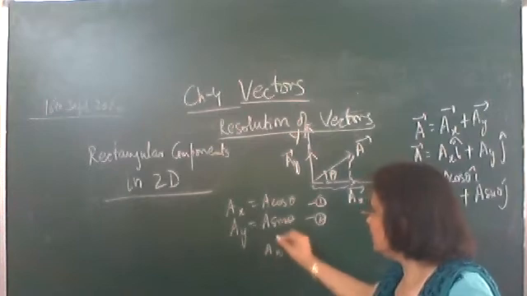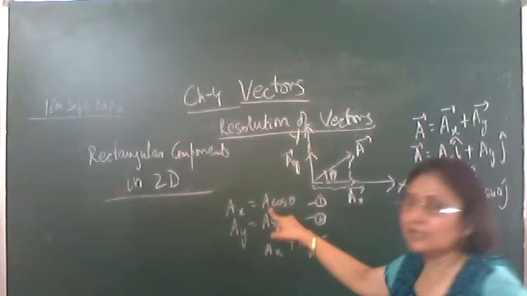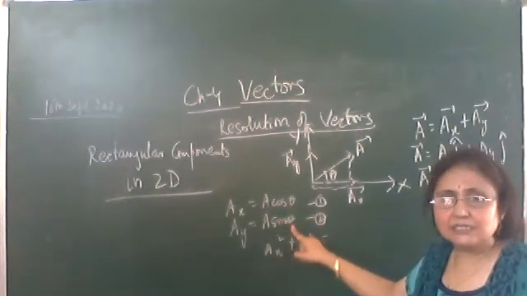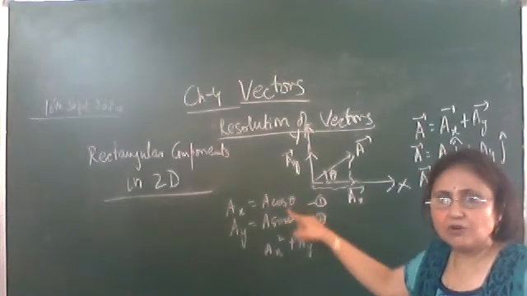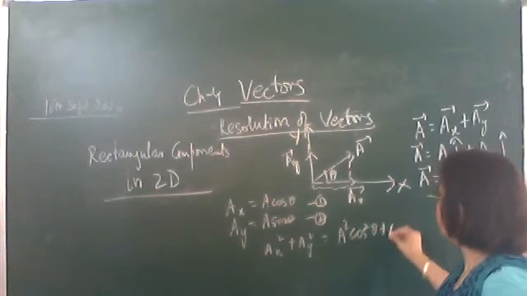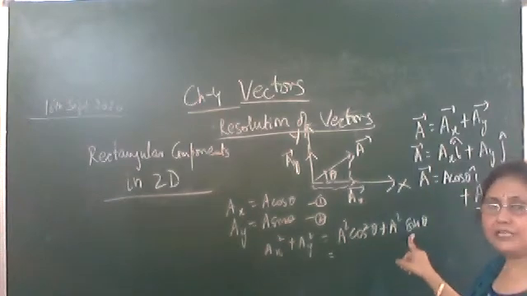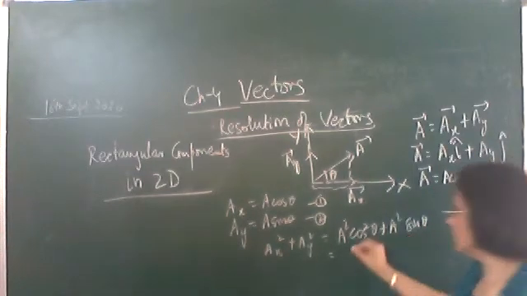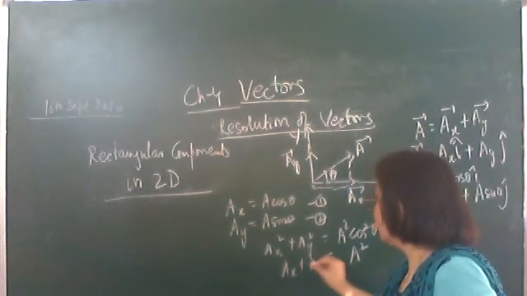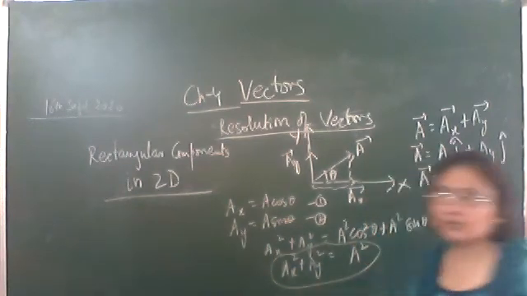On the left hand side we get Ax square plus Ay square, which is equal to A square cos square theta plus A square sin square theta. Take A square common: A square times cos square theta plus sin square theta, which is equal to 1. So the relation between Ax, Ay and A is Ax square plus Ay square is equal to A square.